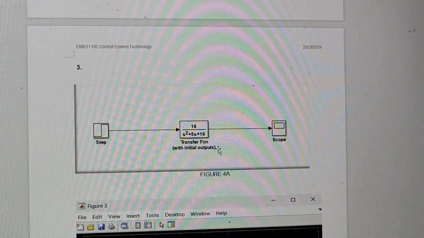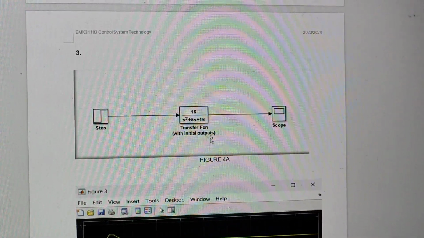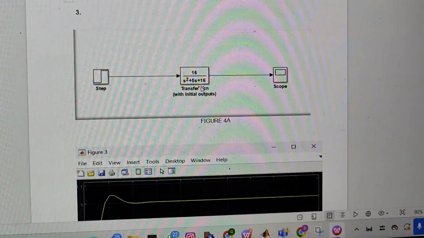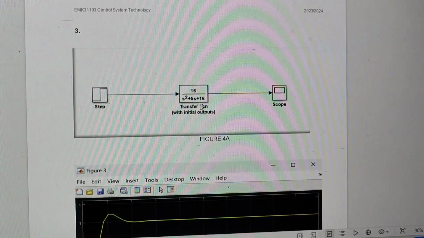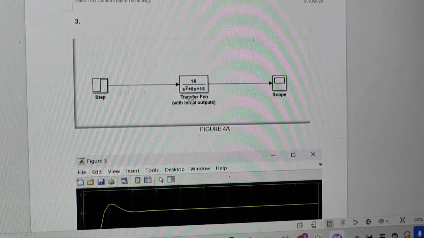For question 3, the question is 16 over s square plus 5s plus 16. This is the transfer function.